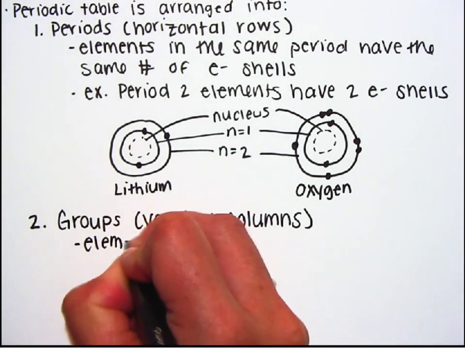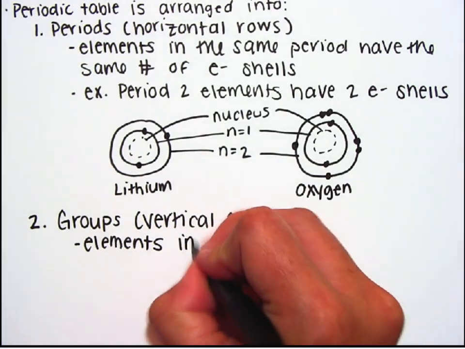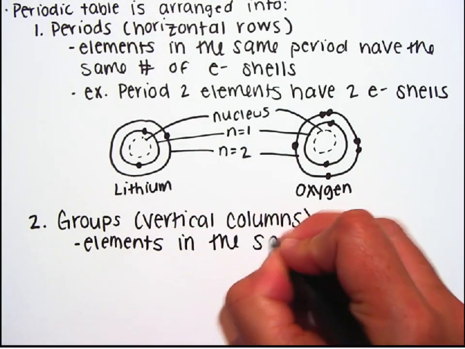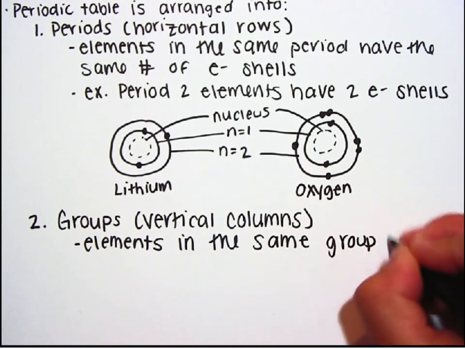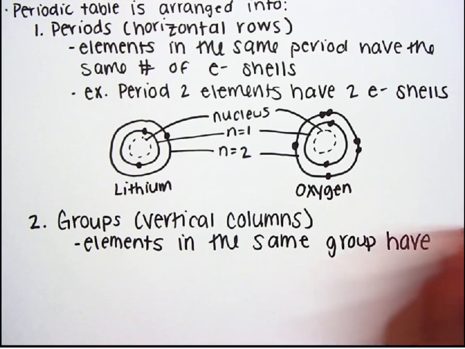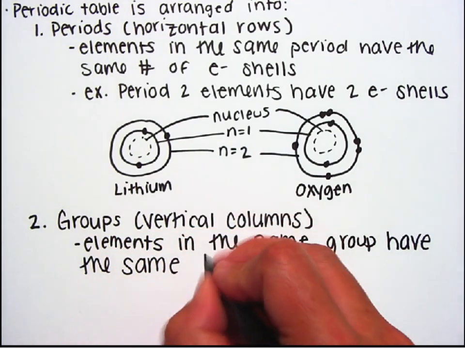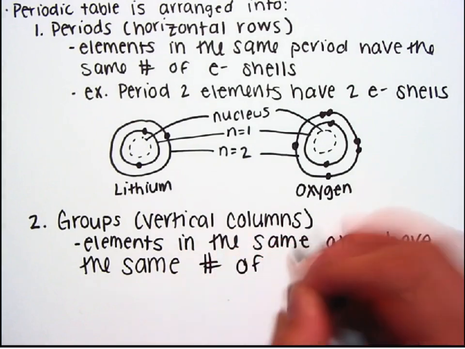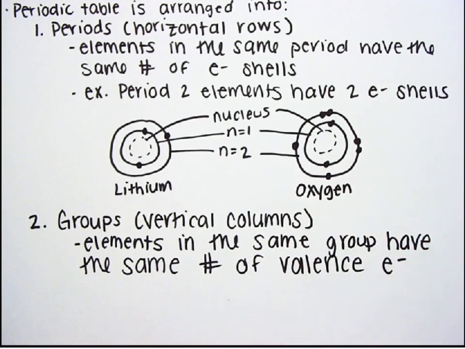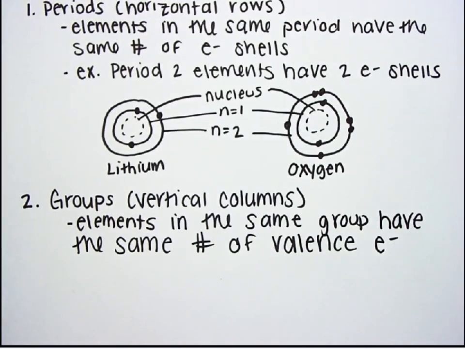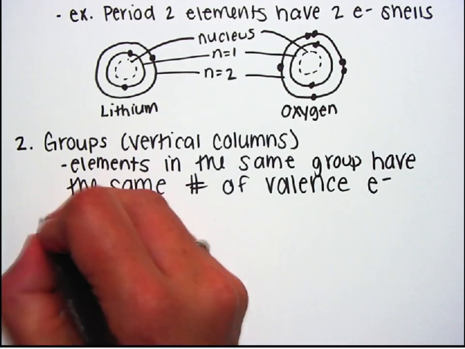Elements in the same group have the same number of valence electrons. Remember, valence electrons are the electrons in the outermost energy level.